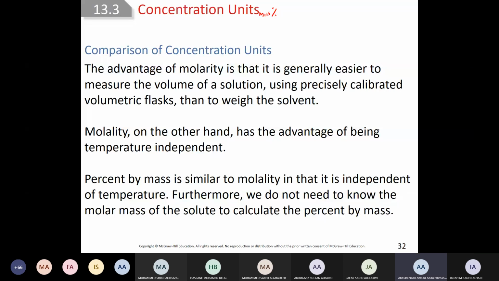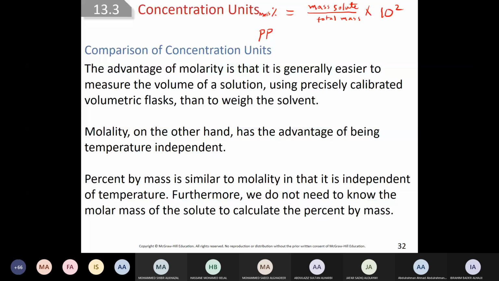Mass percent equals mass of solute over total mass, multiplied by 100, or 10 to the power 2. Exactly. Is this clear?